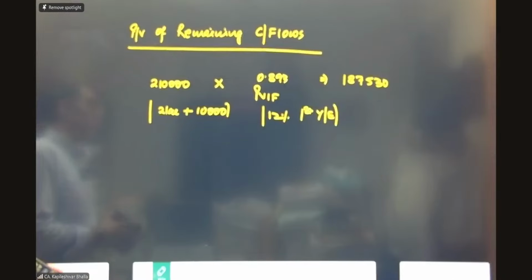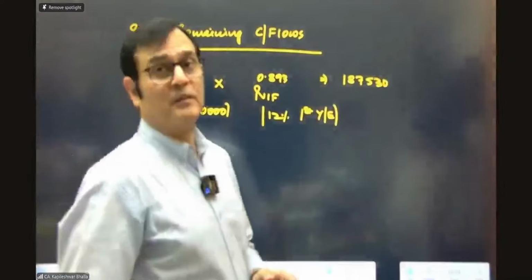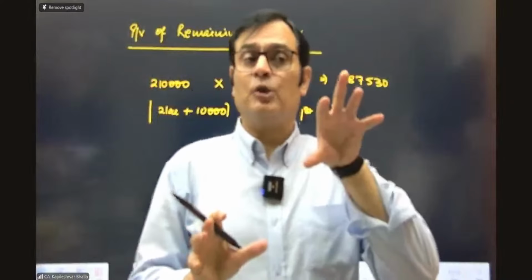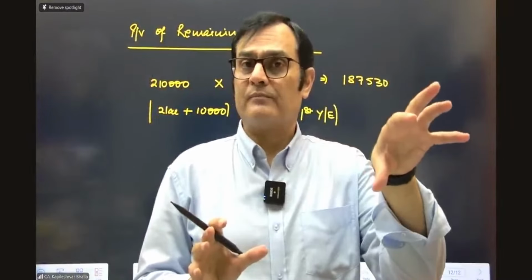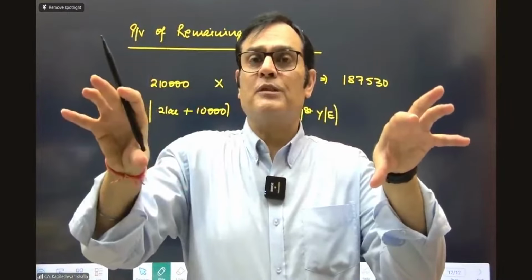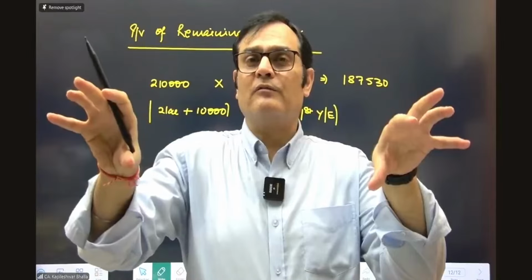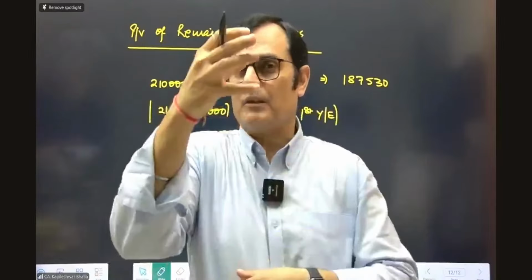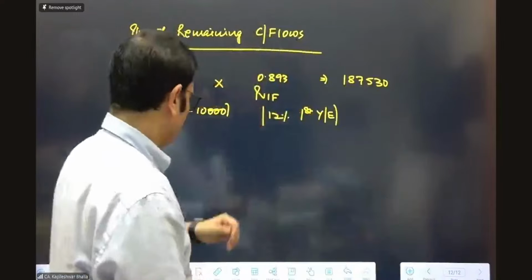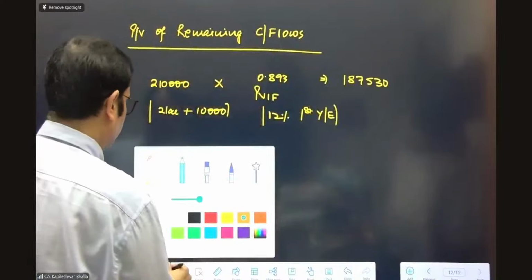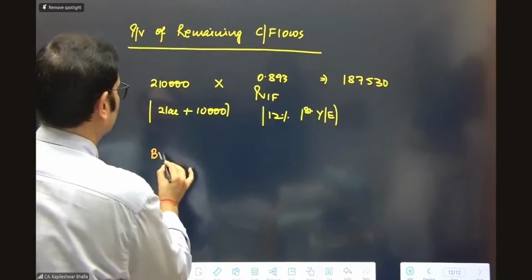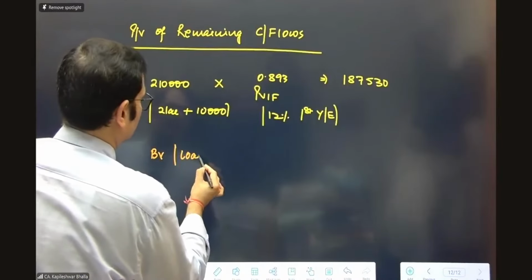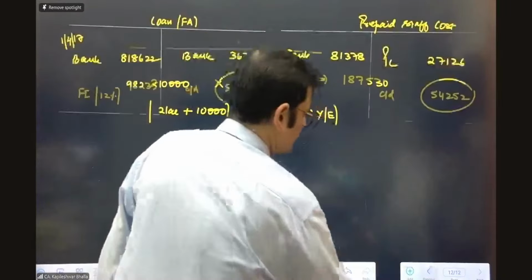Okay. Now, what we need to do in this particular case is a simple exercise. You have the book value of the loan and you have the present value of the remaining cash flows. The difference is what needs to be adjusted in the ledger. So let's pick up now what is the book value of the loan, so we can compare the two.